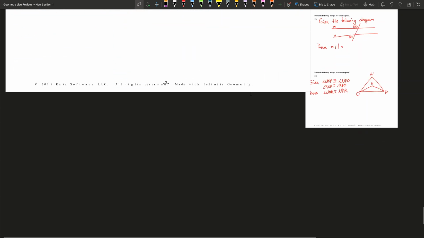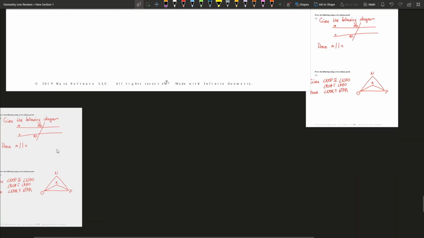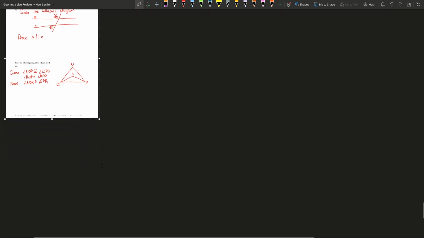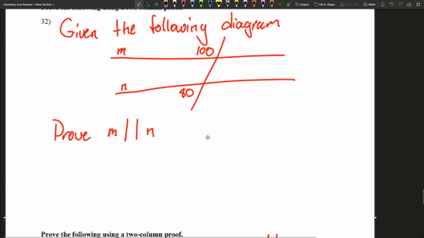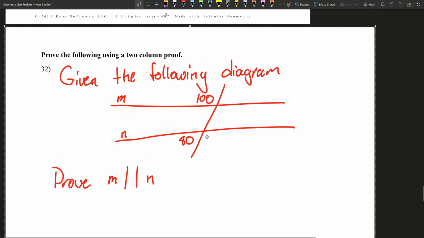All right. Now the proofs. Yes. So yeah, if you can't find a counterexample, then it's true.